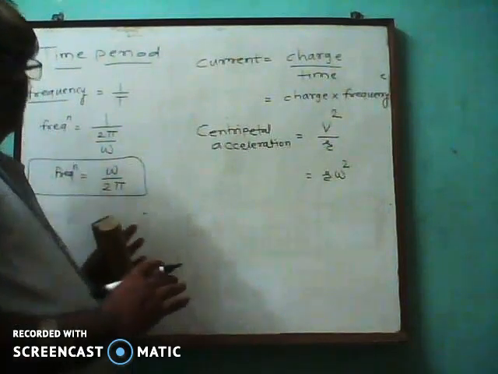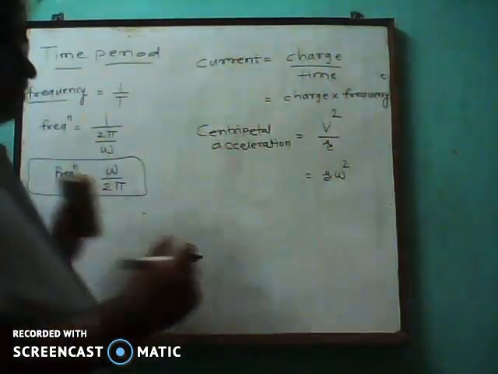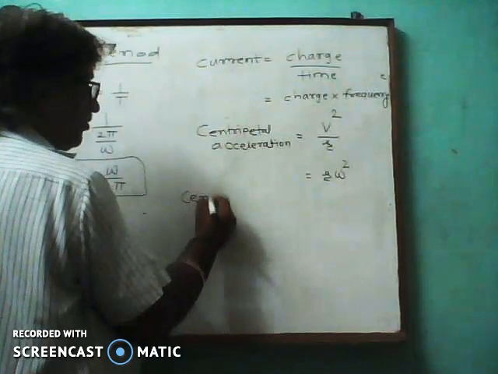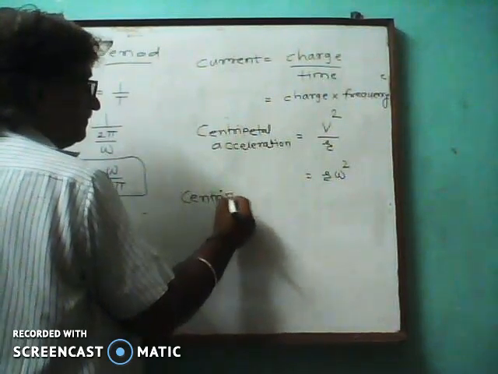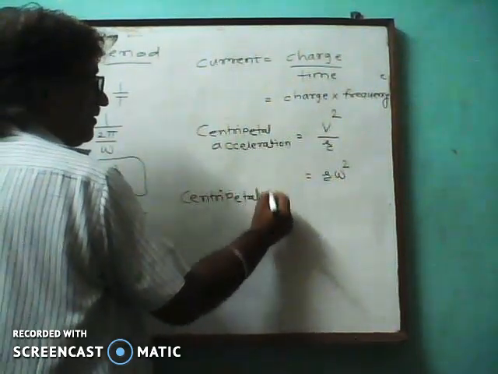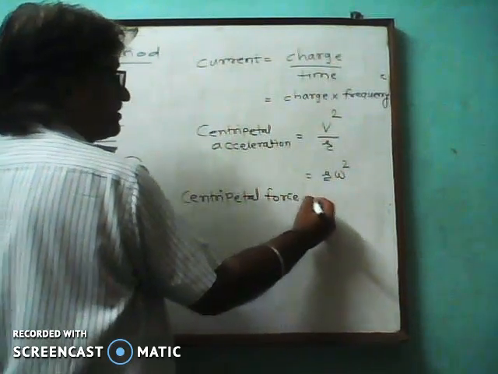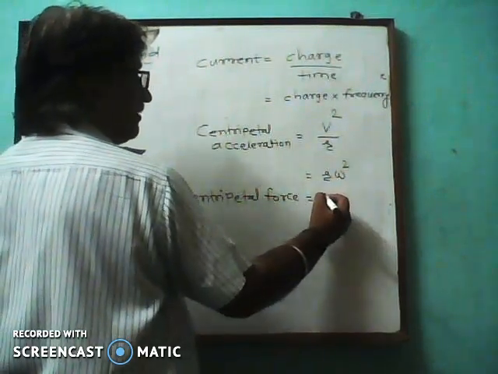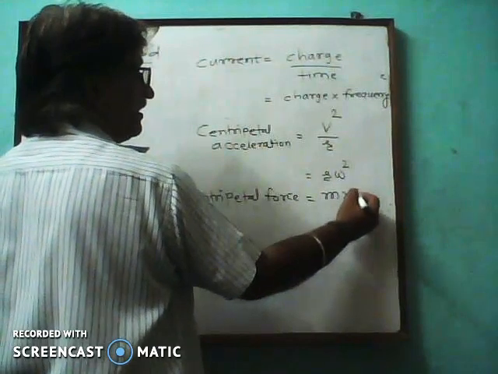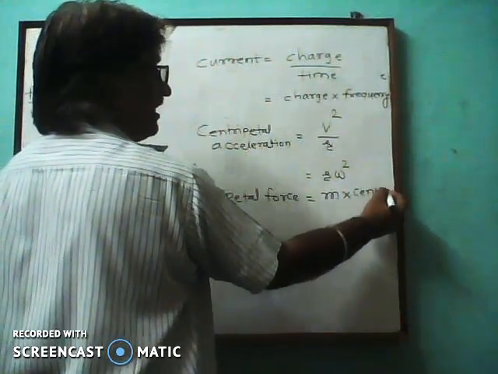And lastly, another formula is centripetal force. What is centripetal force? The product of mass of the particle into centripetal acceleration.